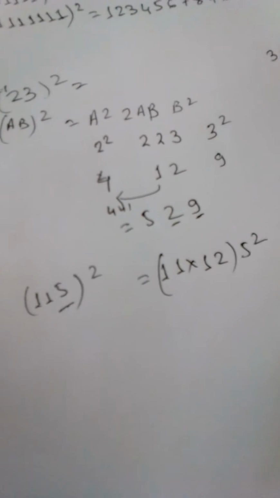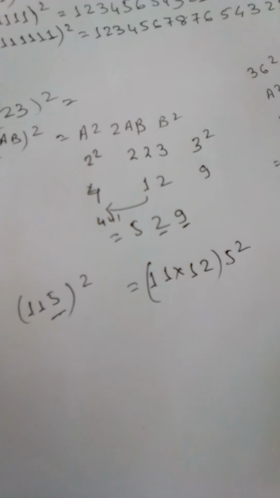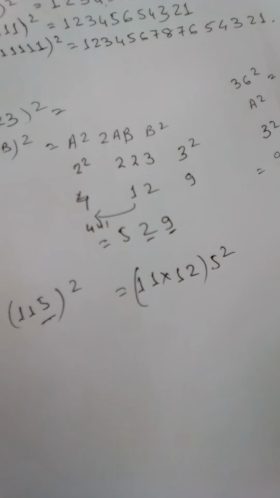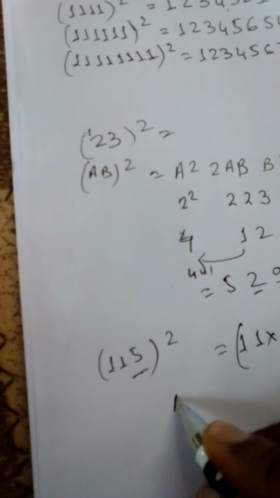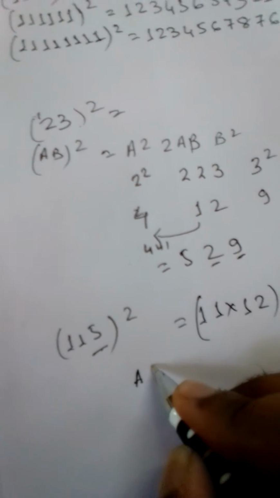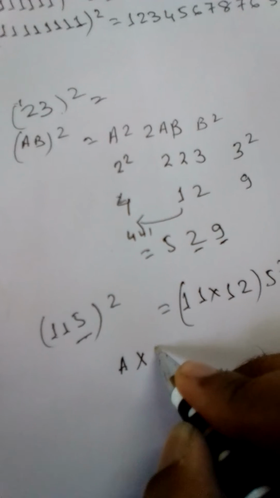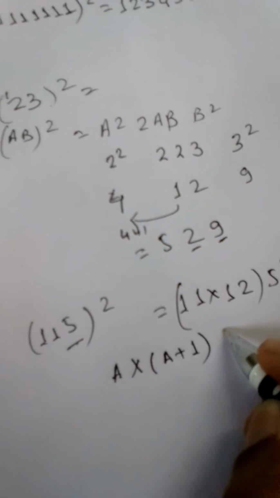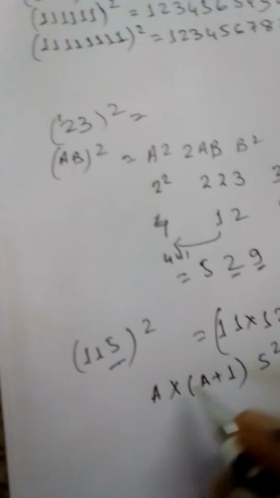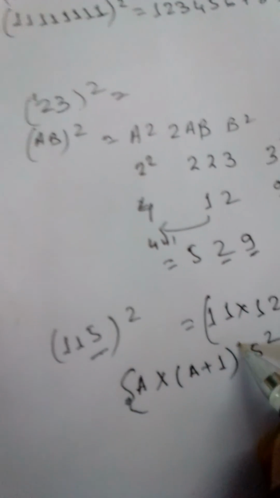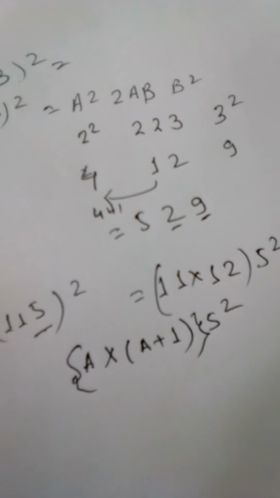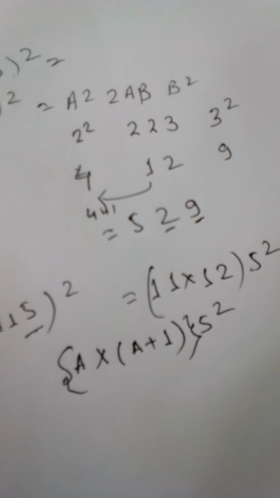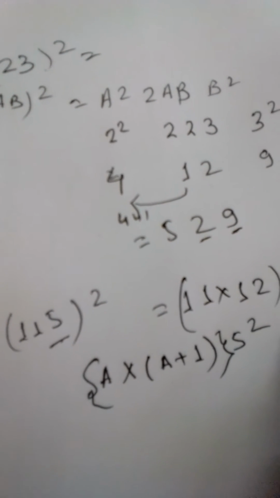So if the right hand digit is 5, the formula will be a into (a plus 1) and 5 square.